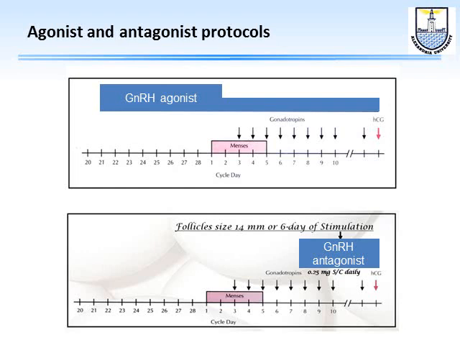So this is the first one in the upper panel, which is the long agonist protocol, starting day 21 from a previous cycle, as I said, or the antagonist protocol. Again, most of the people who use the flexible protocol start the HMG or the FSH, and then ask the patient to come on day 7 or 8, and then give her the antagonist when the follicle reaches 14 millimeters.